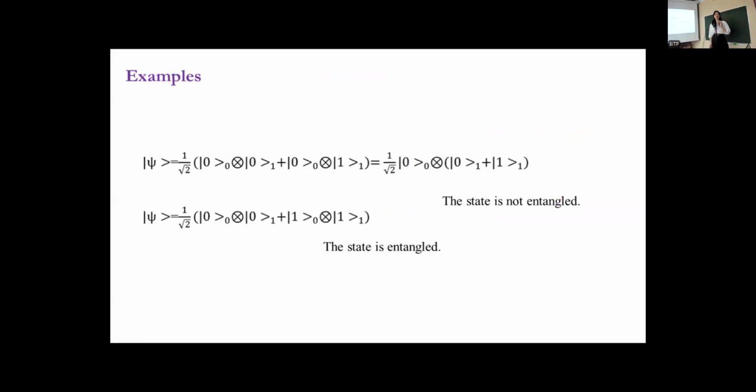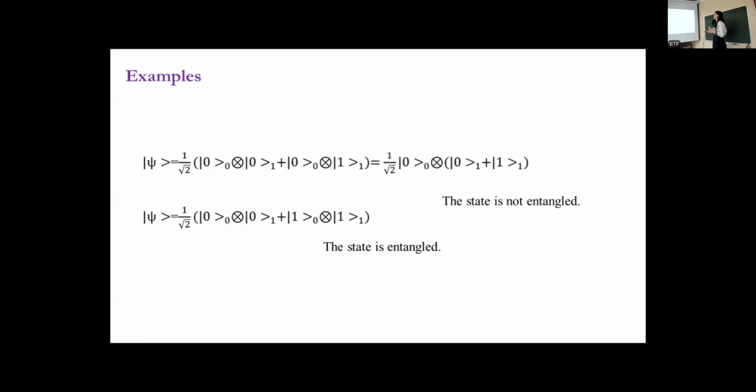So let's try to understand with examples. Let us consider particular cases of quantum states. Let us consider the following state. The following state is a superposition of two basis states. We have the 0, 0 state and we have the 0, 1 state.